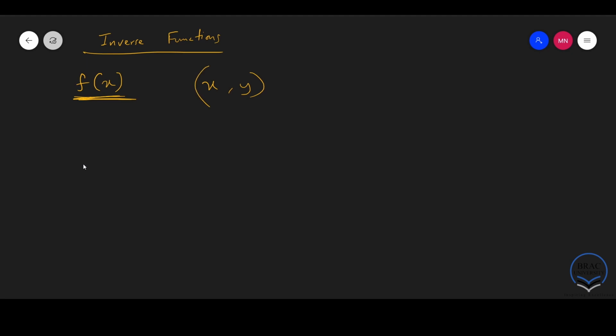But that is not to say that for multiple values of x, I cannot still get the exact same output. So let's say if I consider inputs x1 and x2, it is possible for me to still get the exact same output, say y1.